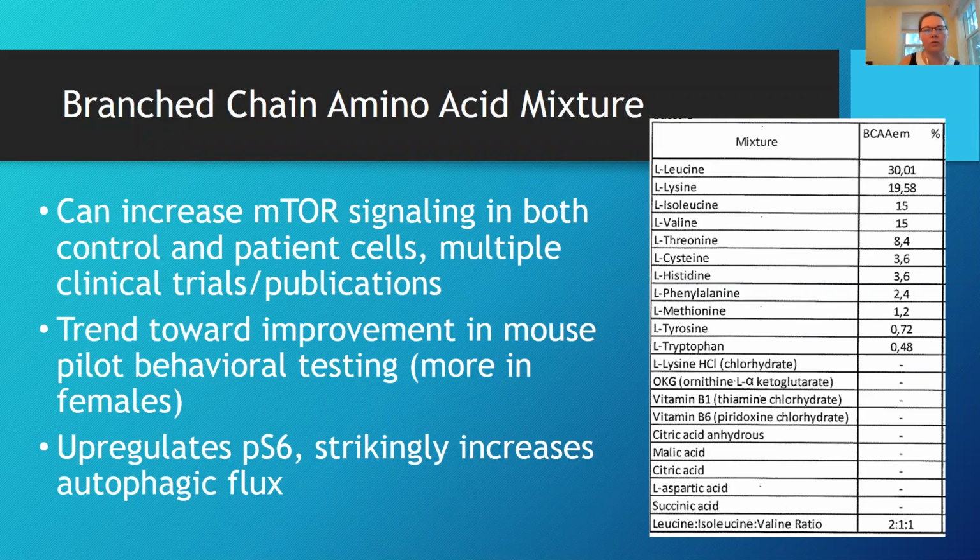We were also able to show in those mouse brains that it upregulated phospho-S6 as a marker for mTOR, and it strikingly increases autophagic flux only in TBCK mice. So we definitely can't say that's better for the mice, but we're definitely seeing a very discrete expected cellular effect from giving the branched chain amino acid mixture in brain lysates.